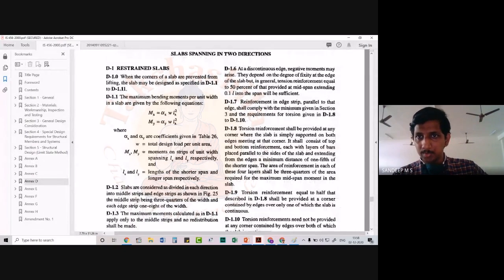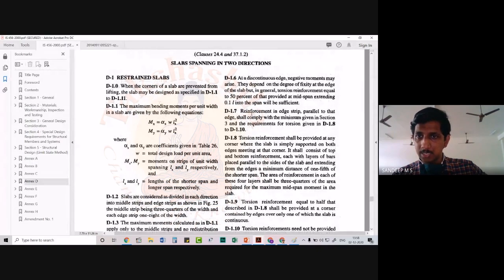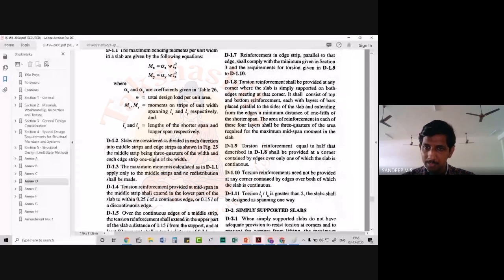So any more things? This we have already discussed. Reinforcement in the edge strips parallel to that edge shall comply with the. This also we have discussed. That is how we arrived at 0.12%. Then regarding torsional reinforcement, torsional reinforcement equal to half that described shall be provided at a corner contained by edges over only one of which slab is continuous.